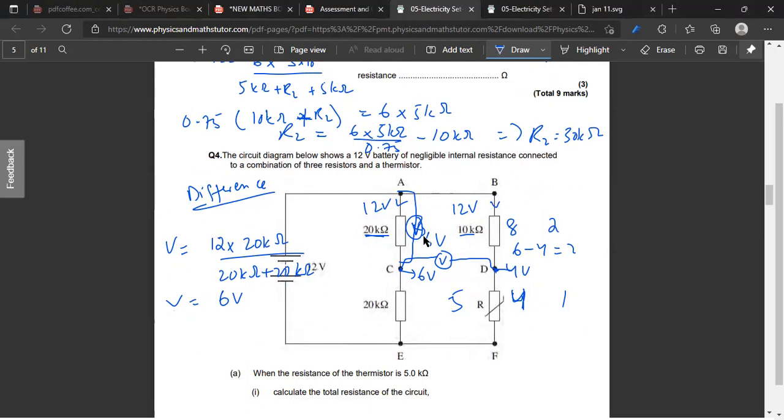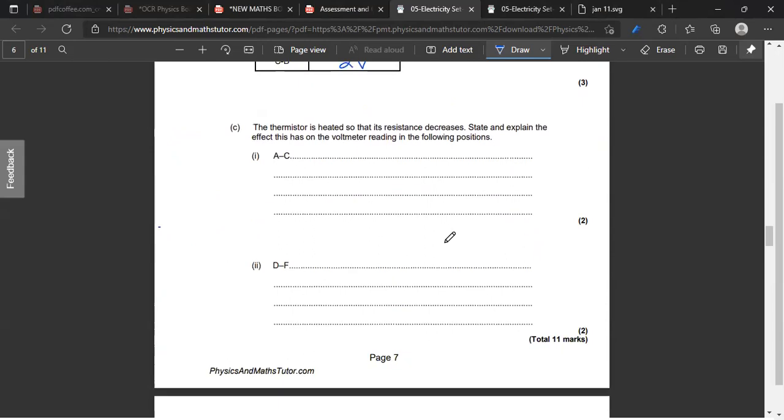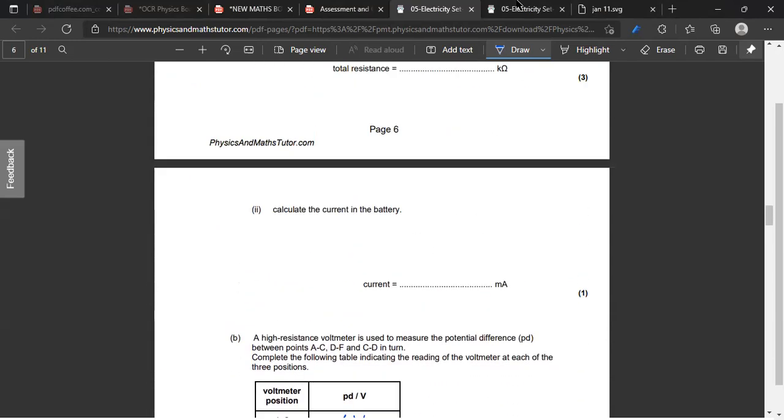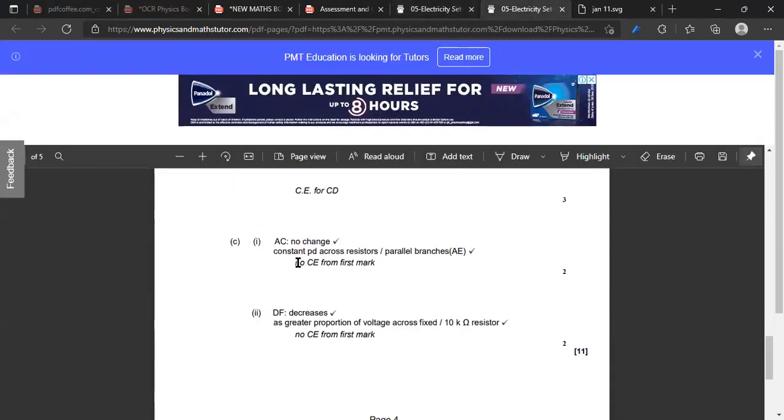Since in parallel circuits each branch gets 12 volts, whatever the resistance of the thermistor is, the branch of AC will still be getting 12 volts. So there we will see no change in AC. Do you get it? Yeah. So no change.